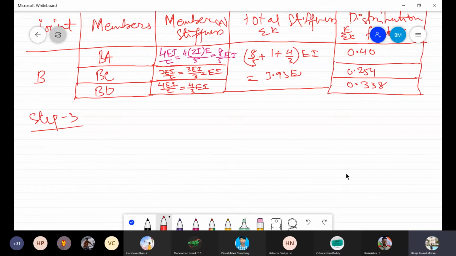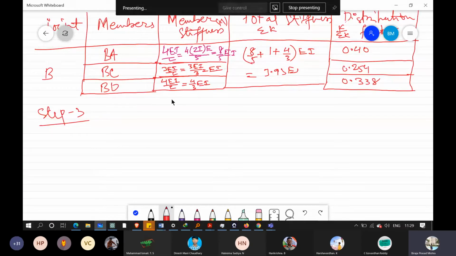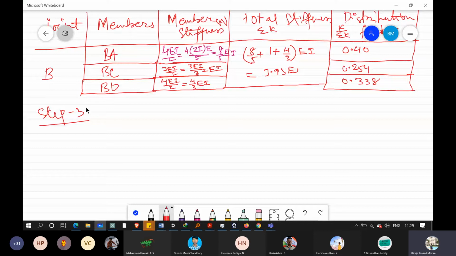I will unshare this one and again share because it is getting hanged in between. Now I think it will be working fine. Step 3 is the moment distribution table.